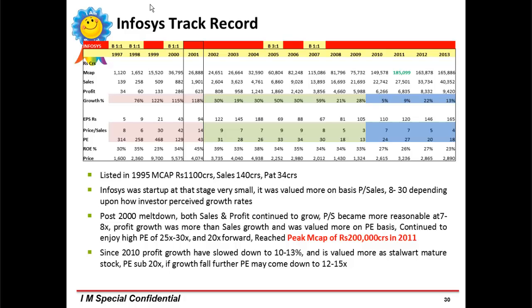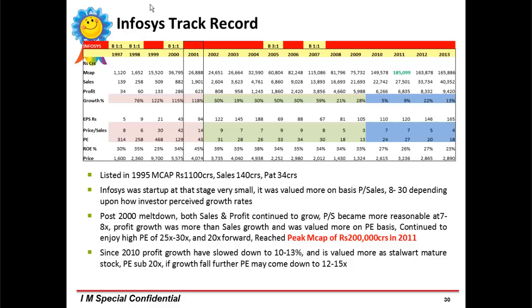And from 2001 to 2009 it still continued to grow. Both sales and profit continued to grow. Price to sales became more reasonable between 2001 and 2010, at 7 to 8 times versus earlier 8 to 30 times. Profit growth was more than sales growth, and it was valued more on a PE basis.